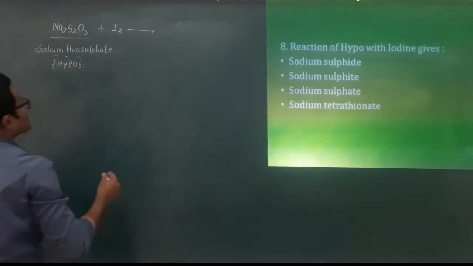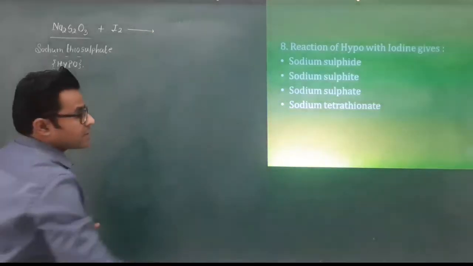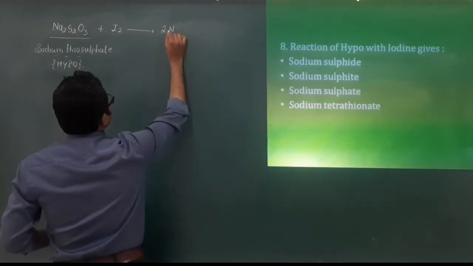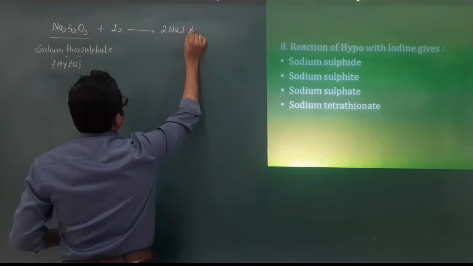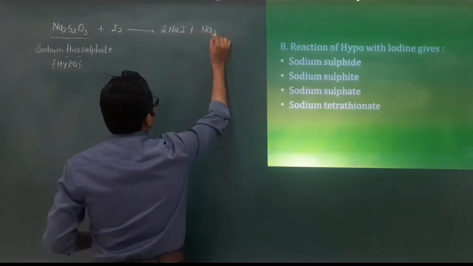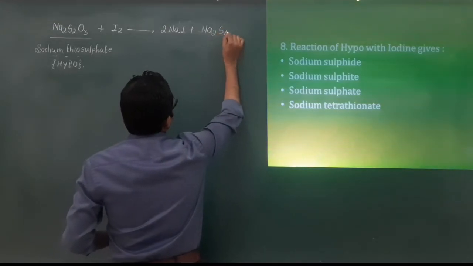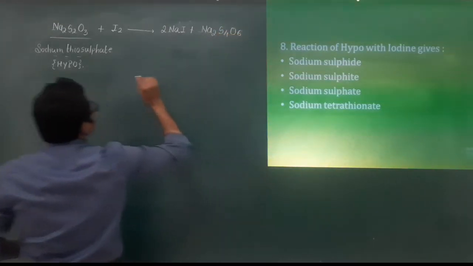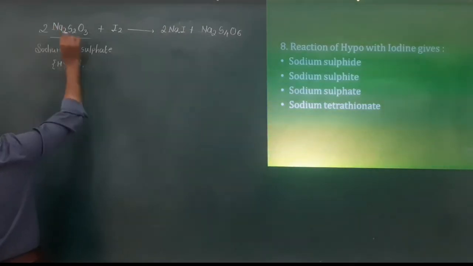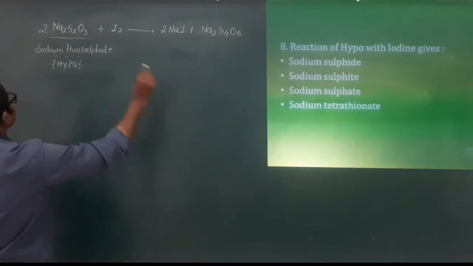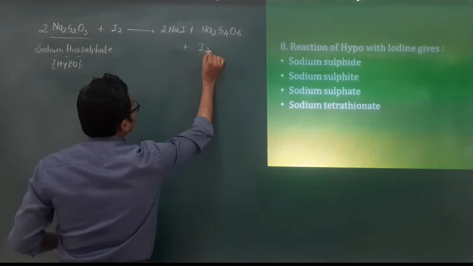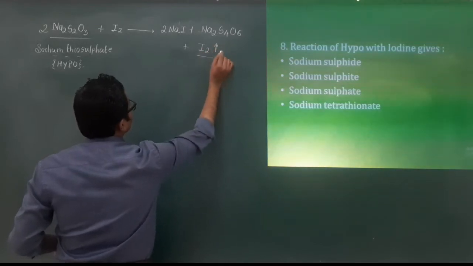Whenever a reaction with iodine is concerned, the first thing that it gives us is 2 NaI plus Na2SO4. In order to balance it, let us say that we have 2 in this case, plus I.